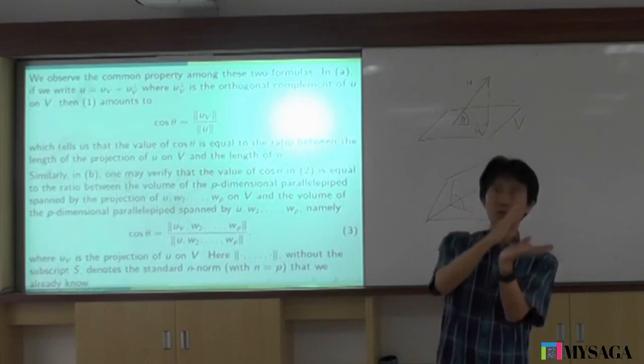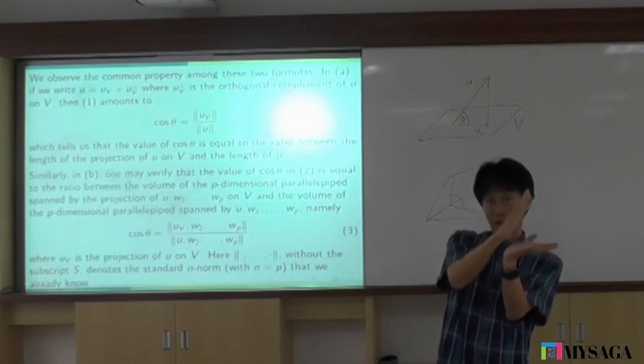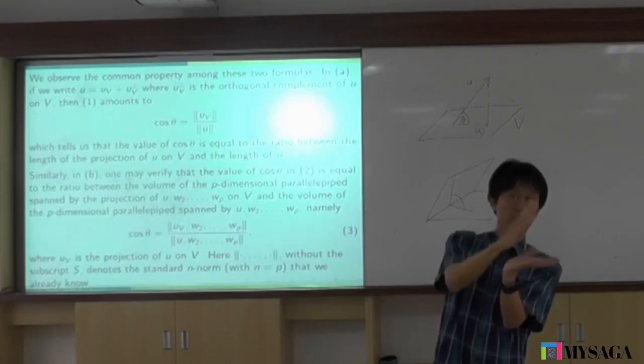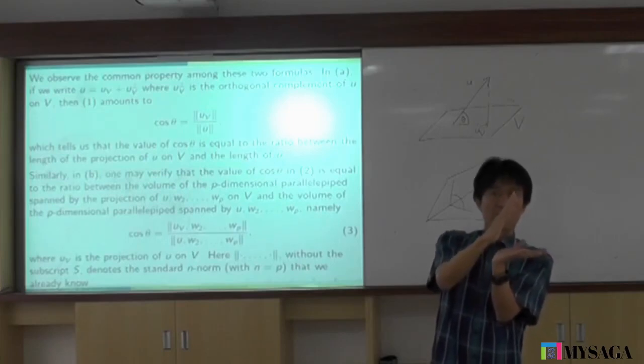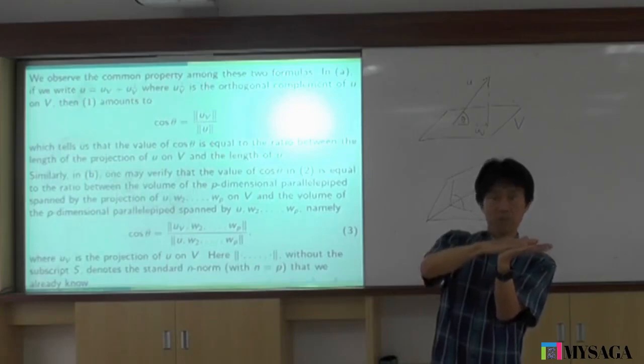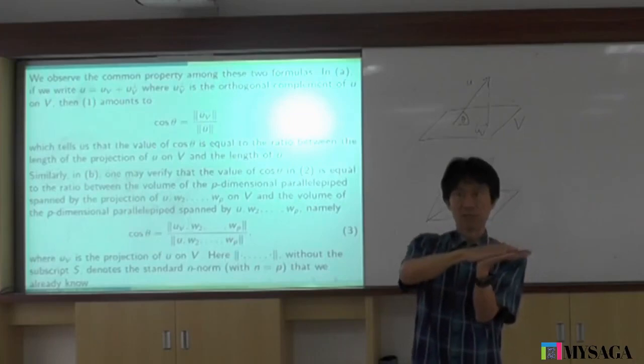Of course, here you just, for example, consider a parallelogram which has a finite area or volume. And now you consider the projection of that parallelogram on the larger subspace.